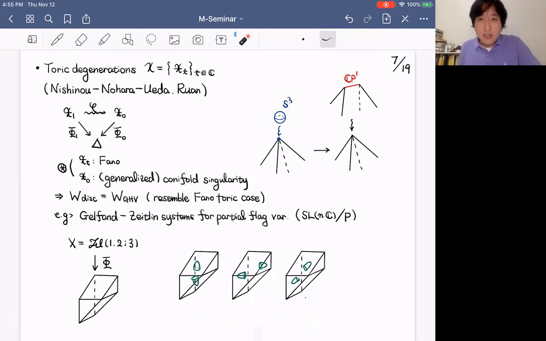Also, there's another development. Here's a kind of natural approach, because once you understand the toric manifold, people try to extend their knowledge to the toric degeneration. So actually, Nishinou, Nohara and Ueda studied the following situation. Let's think about the toric degeneration. It means that when t equals 0, we have a toric variety.